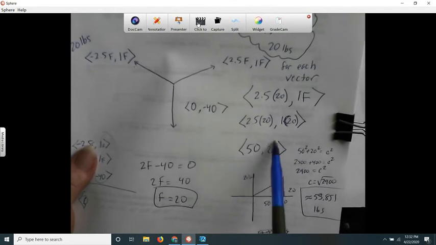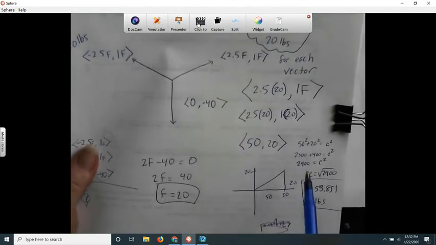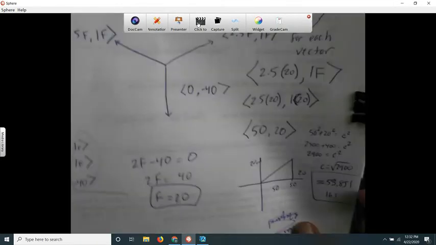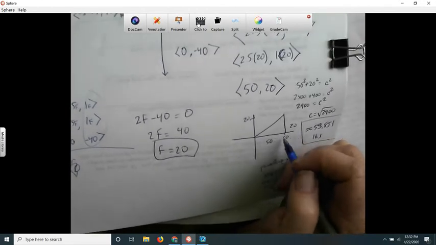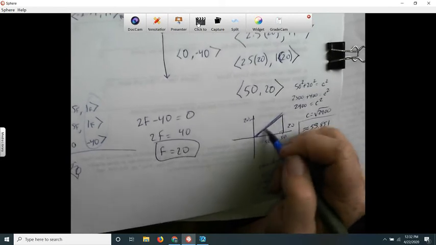And so that gives us a vector in component form, and then we can go ahead and get the magnitude. You know how you can get the magnitude of a vector? The magnitude is this piece right here, right?